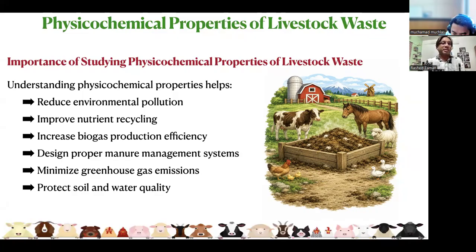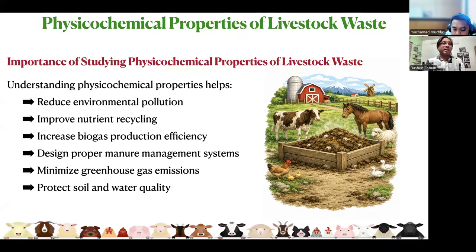It also helps us to improve nutrient recycling, as the livestock waste contains valuable nutrients that can be returned to the soil as organic fertilizer. It is also very useful to the environment.